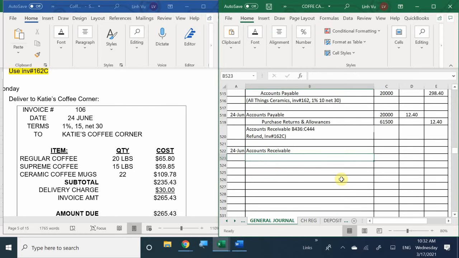So, accounts receivable. What do we have? Sales, regular coffee. Sales, Supreme Coffee.